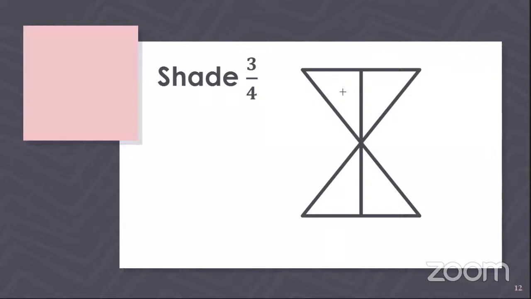Alvin, tell me, what should I do? Shade 3. So this is 1.